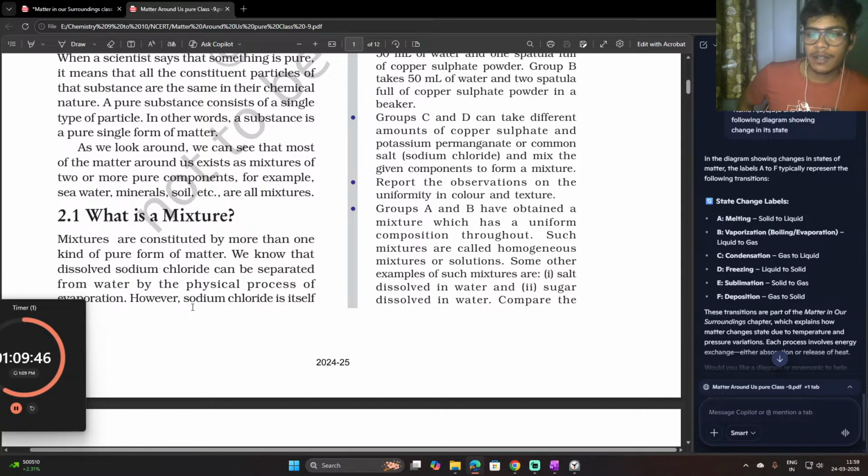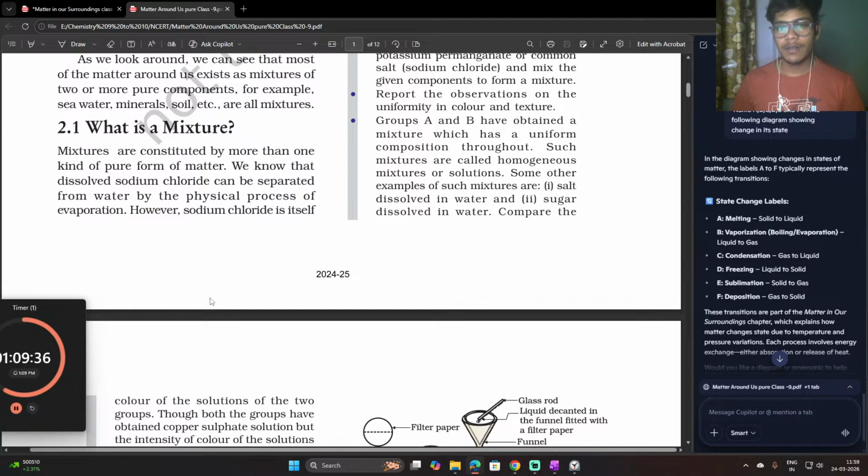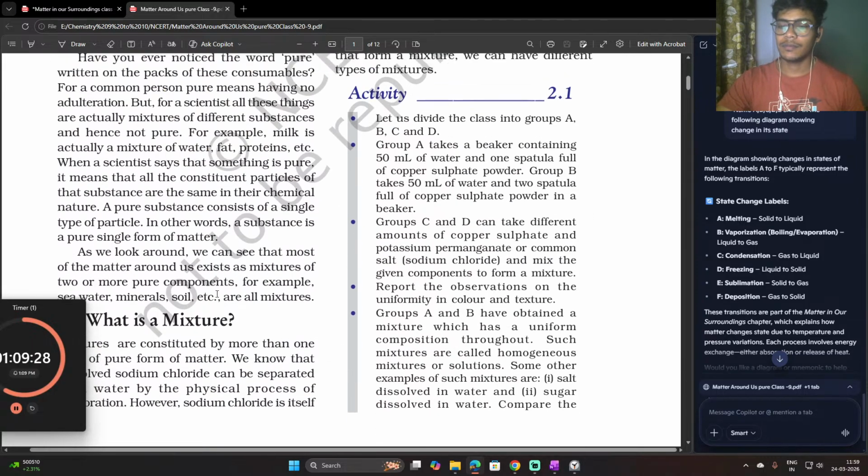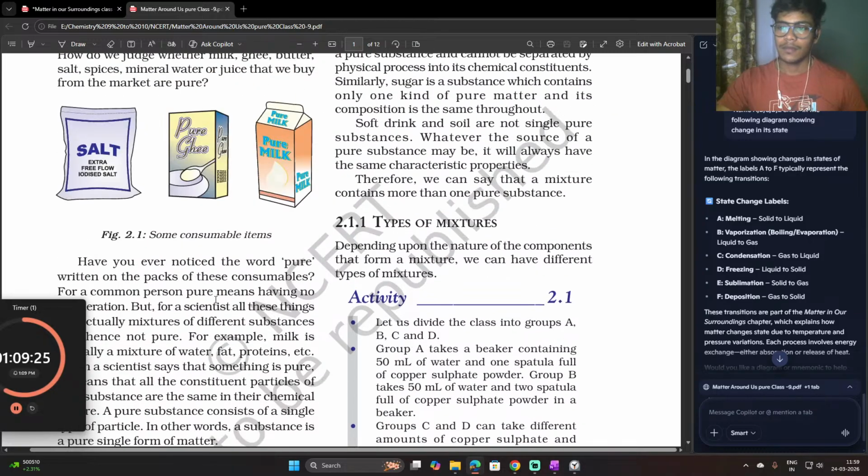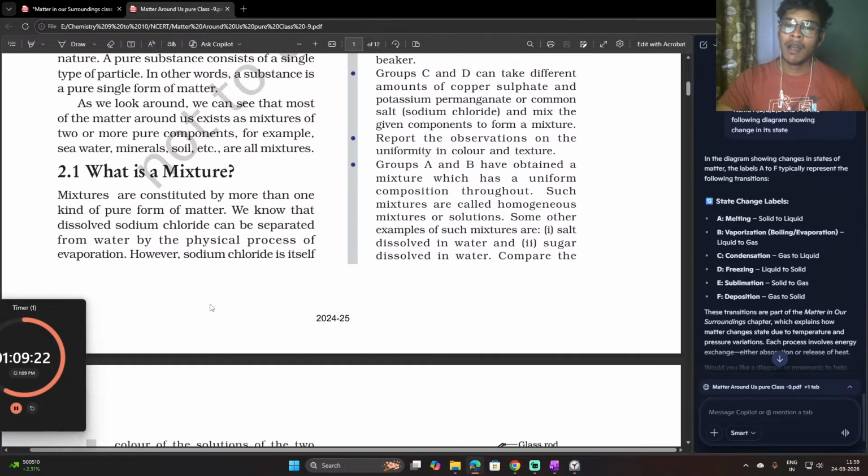We know that dissolved sodium chloride can be separated from water by the physical process of evaporation.